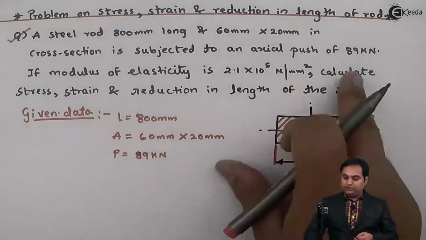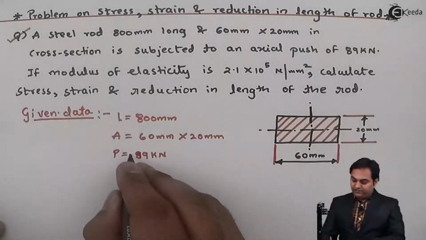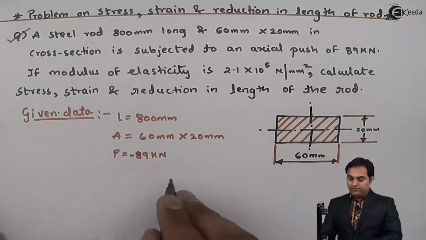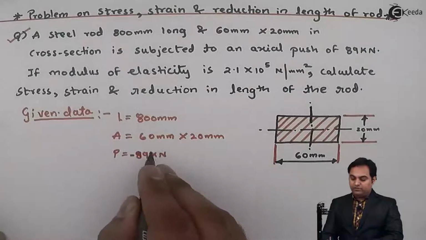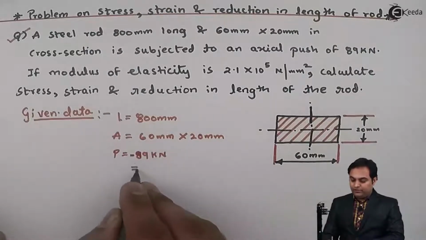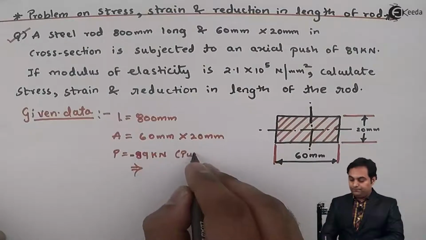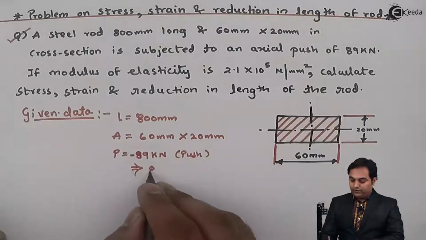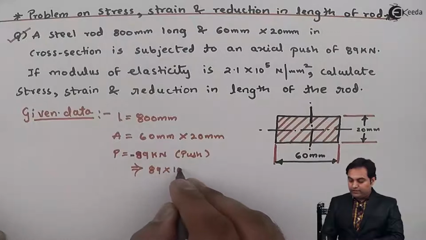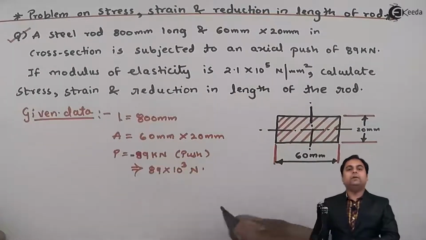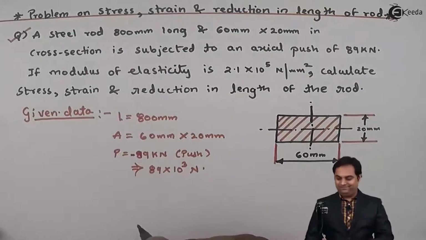Even though it is considered negative, in the problems we just require this value, so I'll use this magnitude only. Negative sign indicates it is push kind of load. So here I'll use the value of load as 89 into 10 raised to 3 Newton. Only the magnitude, neglecting the sign.